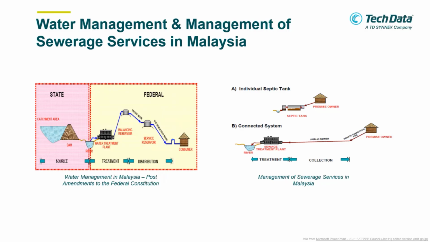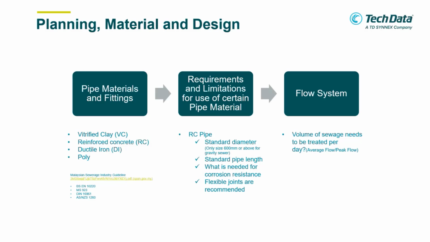When it comes to planning, material, and design, of course, we want to see what kind of pipe materials you are using, and the fittings as well, and what industry standard is used to design the pipe, and what the requirements or limitations are in certain areas, like where the surface is not really stable, so you have a standard pipe or standard diameter that you want to use for the road infrastructure.